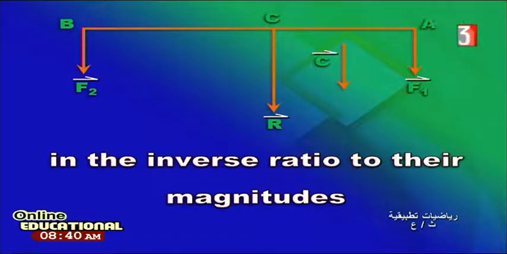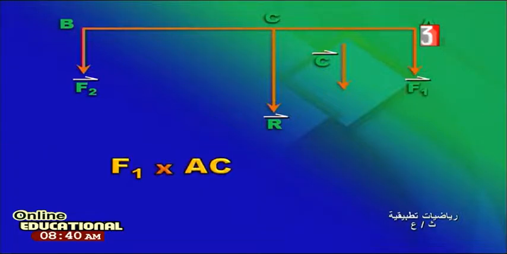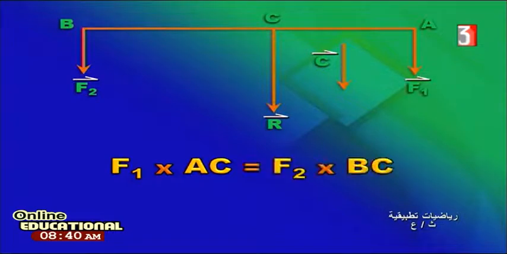R equals F1 plus F2, but F1 multiply AC equals F2 multiply BC, or F1 over F2 equals BC over AC. This means inverse ratio of their magnitudes: F1 times AC equals F2 times BC.